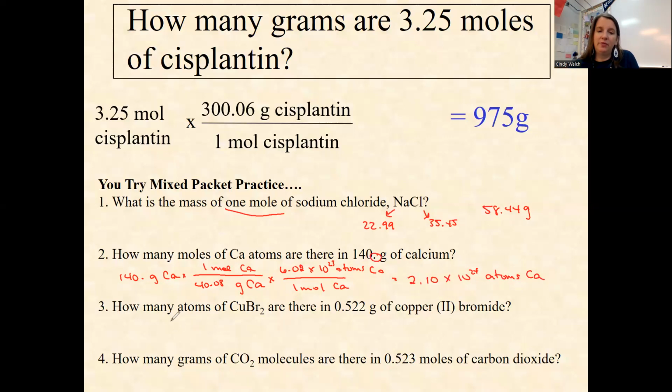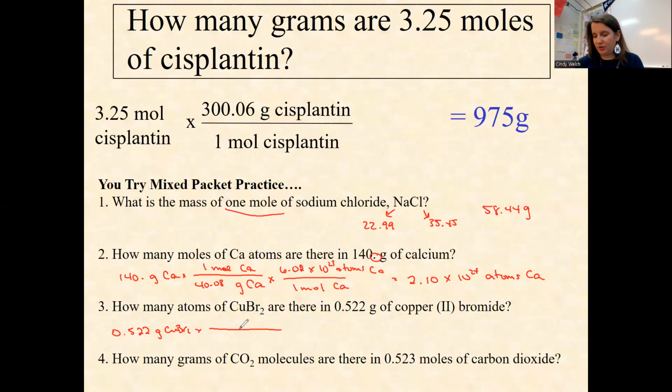Number 3, we are starting with grams of copper bromide. We're trying to find out atoms of copper bromide. So we start by writing our given, 0.522 grams of CuBr2. I have to put the mass of this down here. So 63.55 plus 79.9 times 2, I believe.